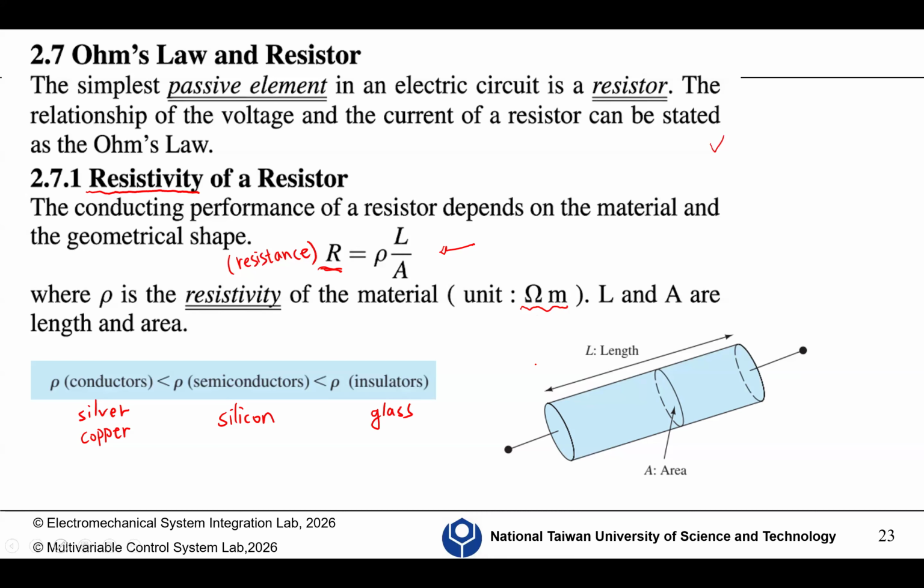And the longer the length, the more resistance the electrons meet when traveling through the resistor. So the larger L is on the numerator, the larger the resistance. Actually, this formula is quite intuitive, so you can memorize it.